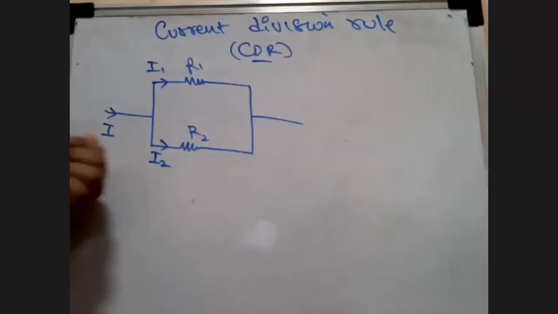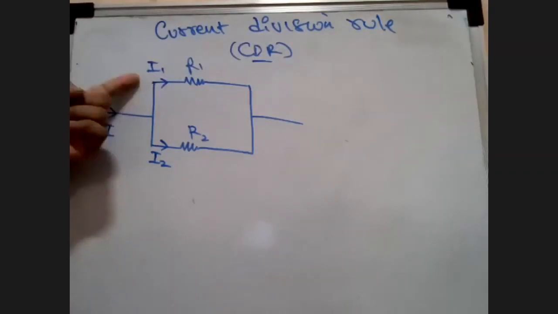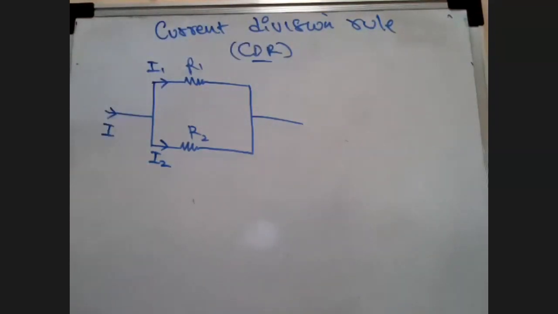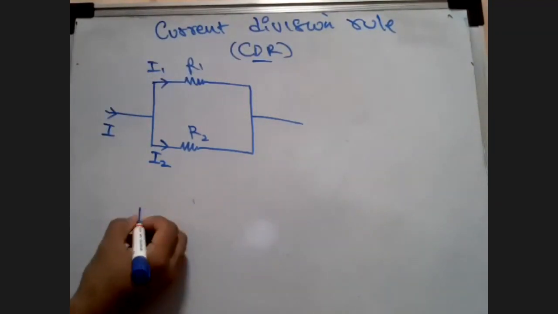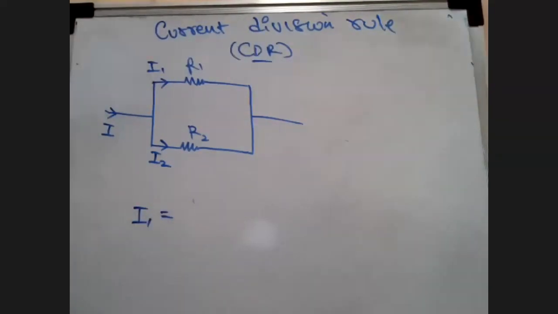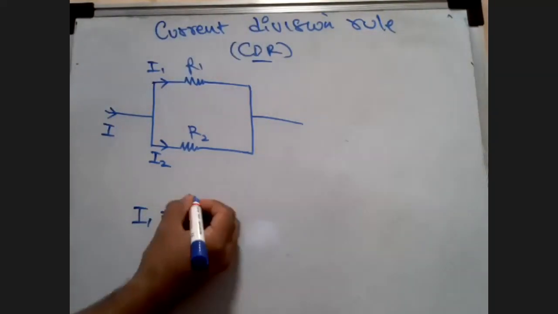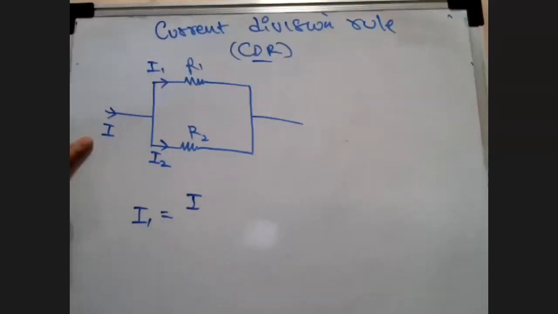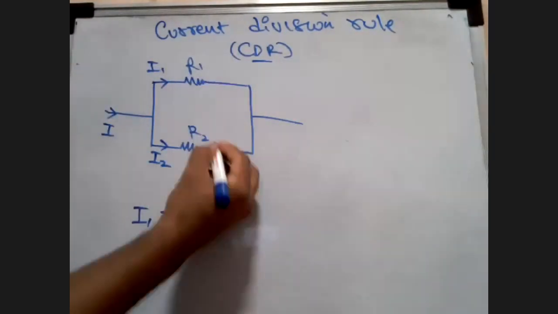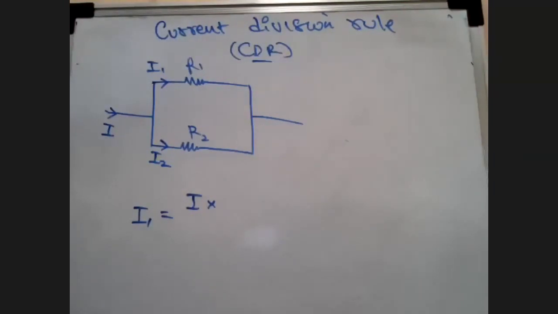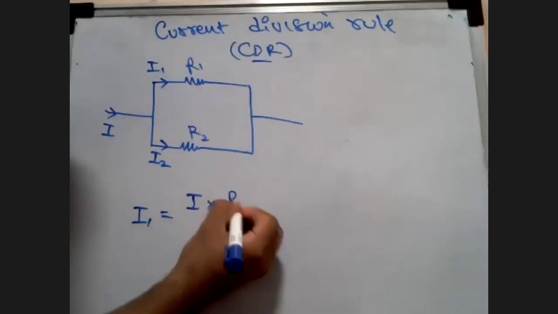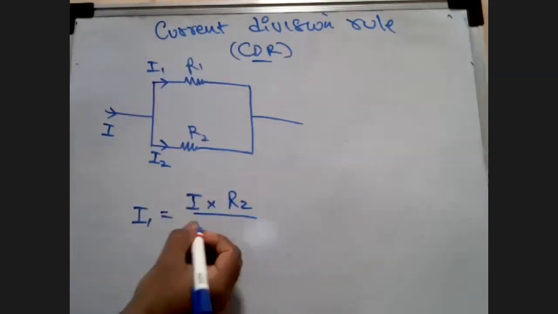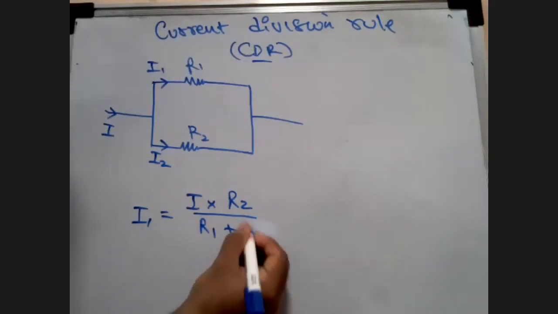If my current I is passing through a parallel combination, and it is distributed into I1 and I2, and you ask me the magnitude of current I1, always remember that I1 will be equal to the total current I, or the incoming current to this parallel branch, into the opposite resistance to which I have been asked to find out current in. If I have been asked to find out current in R1, I will write I into R2 upon the total resistance R1 plus R2.